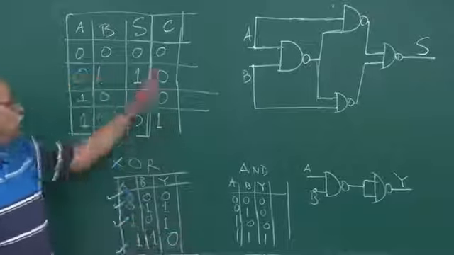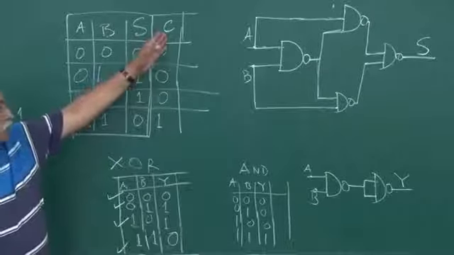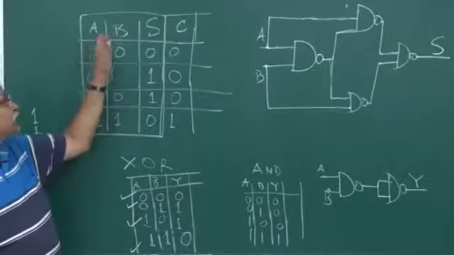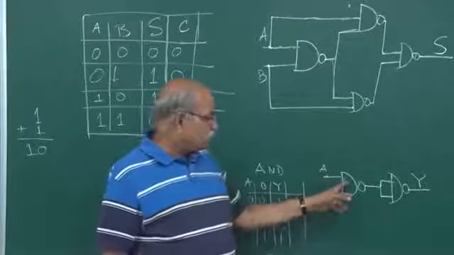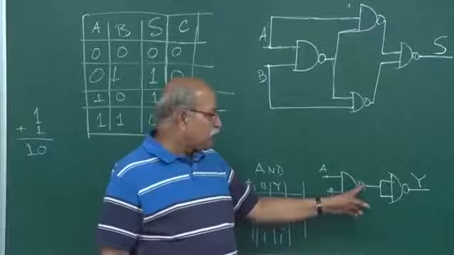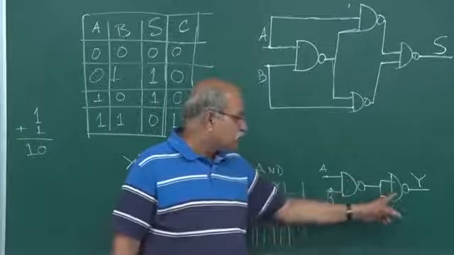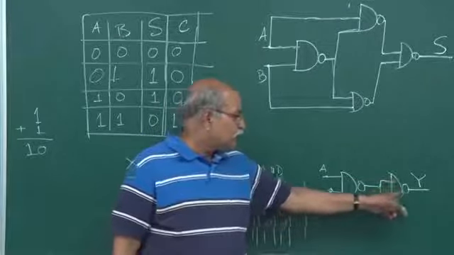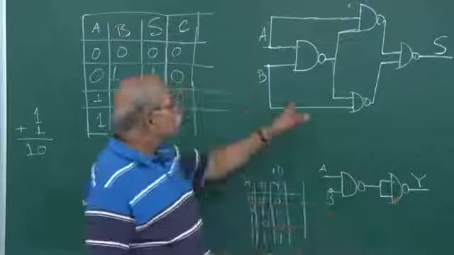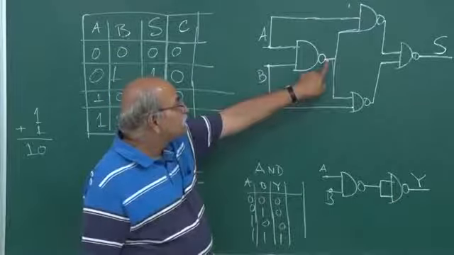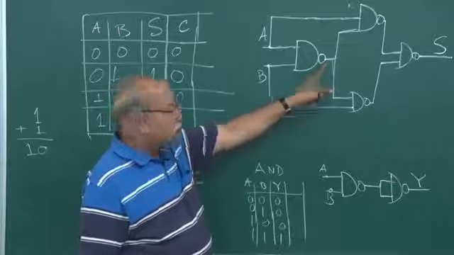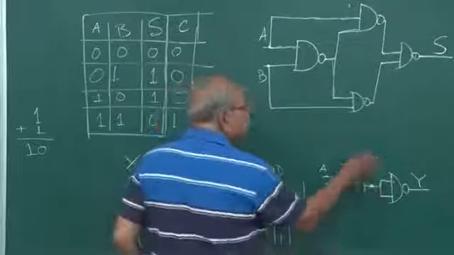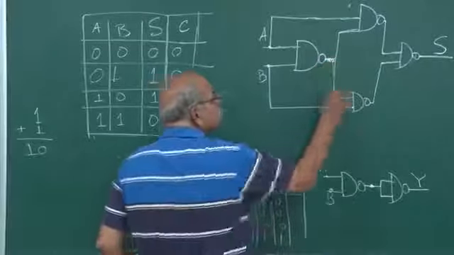So, for carry I only have to do this AND operation between A and B, and for that I have to take this A and B through one NAND gate. Output I have to feed in the second NAND gate, both the inputs, and then I get it. So, already I have here this A and B going through this NAND gate. So, this point I already have it here, correct.